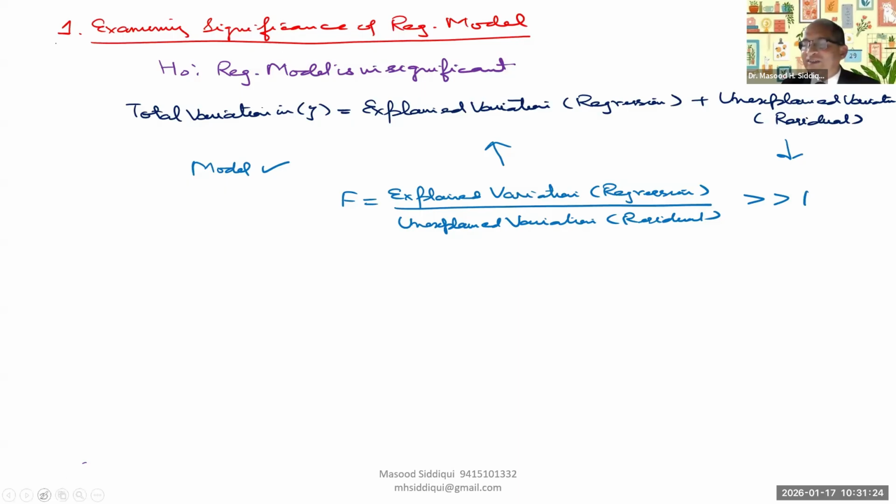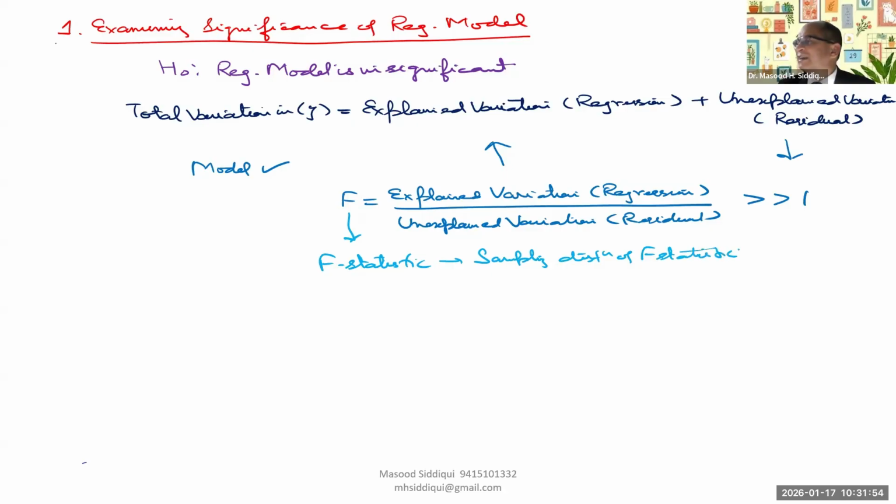Right. Now since this F has been estimated from the sample data, it is a statistic that is known as the F statistic. And this statistic has a distribution that is known as the sampling distribution of the F statistic.